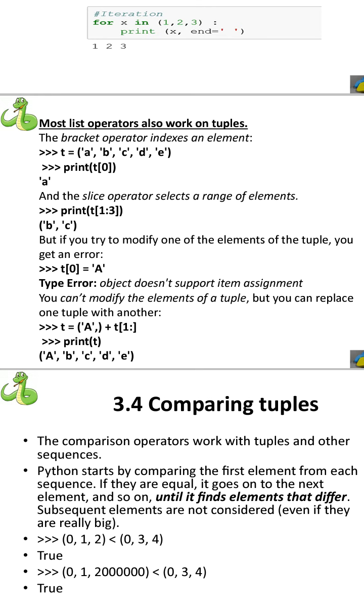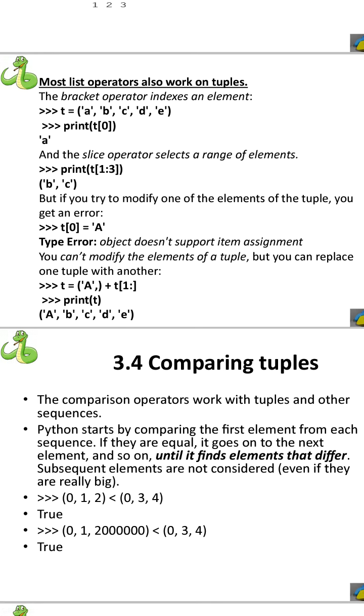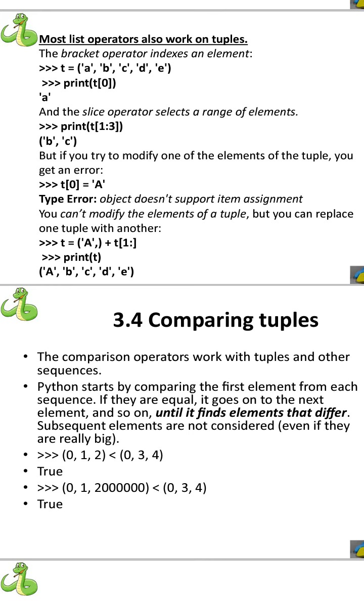Suppose if I try to modify the original elements of our tuple, we will get an error because tuple is immutable. We cannot modify or alter the values of our defined tuple. If you see the example below, here I am trying to assign capital A to the first index of our tuple.